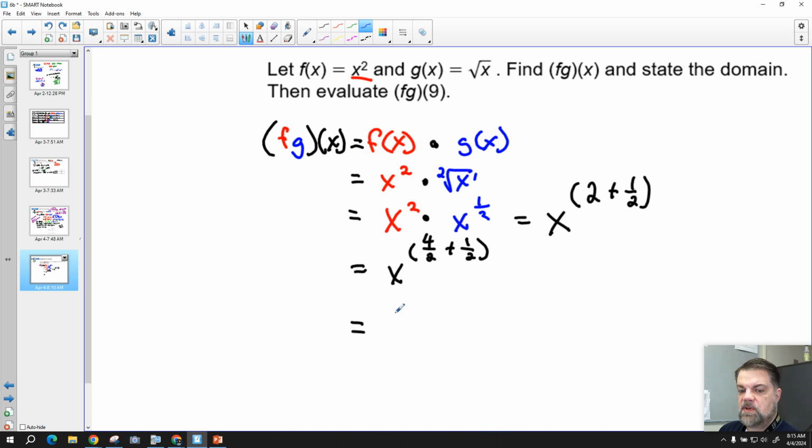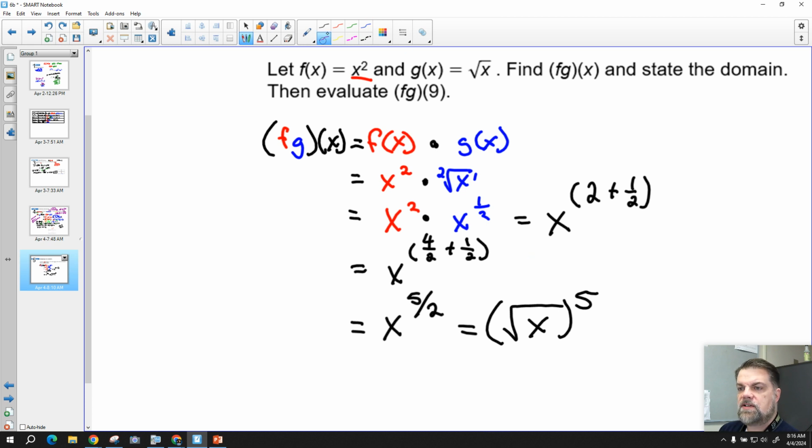So then this becomes x raised to the 5/2. Or you could say the square root of x raised to the 5th. Okay?